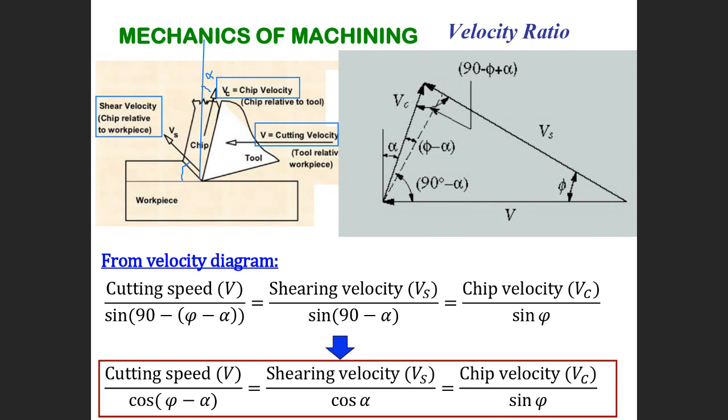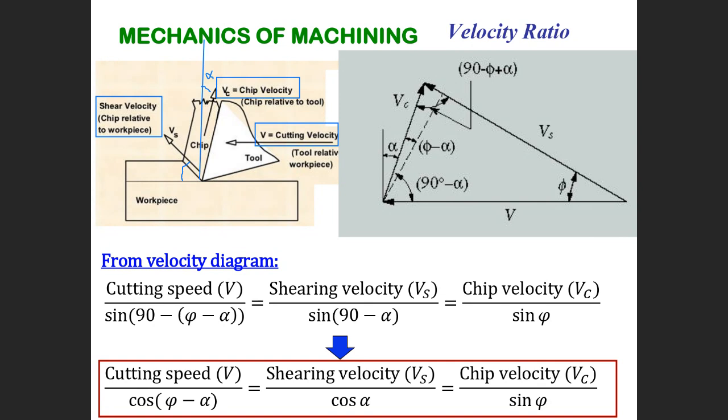So I can write it this way: 180, the total angle of the triangle, minus phi, minus the bracket, 90 minus alpha. Can you see that?